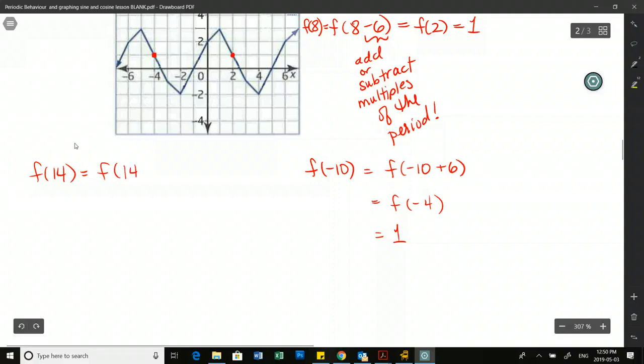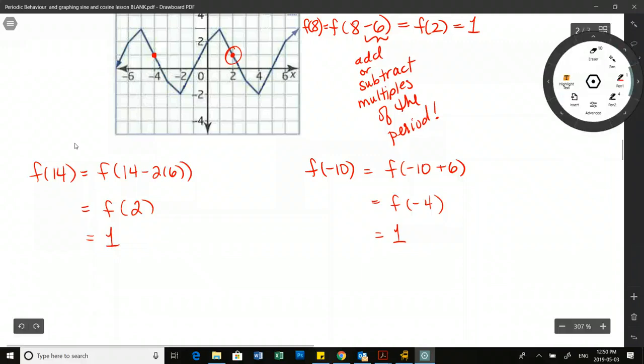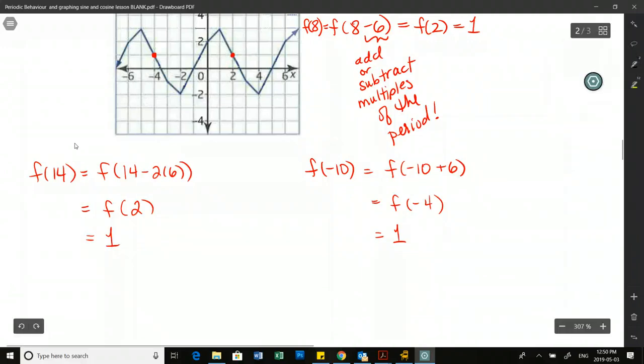So I think we could just do minus 2 times 6. So we get f at 2, because that's 14 minus 12. And we already know f at 2, from our earlier calculations, was equal to 1. So these ones all just so happen to be exactly in the same position. Y coordinate wise, not necessarily x coordinate wise.